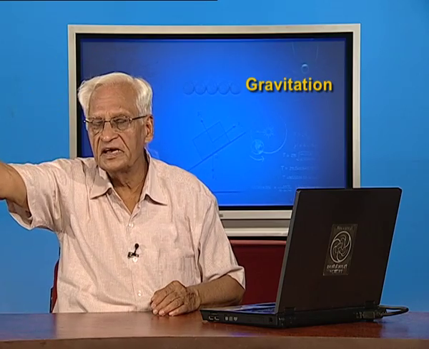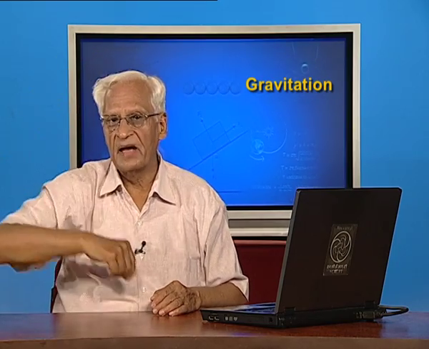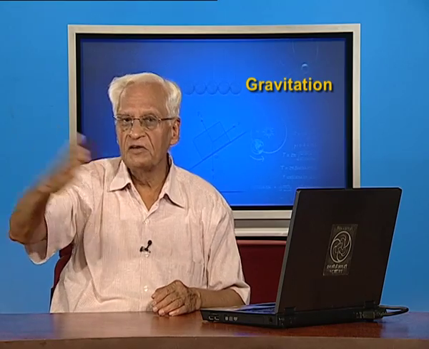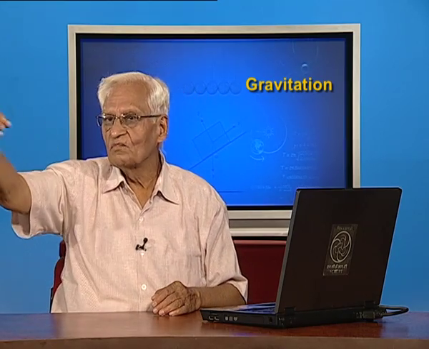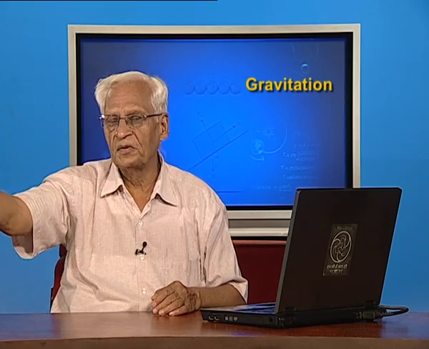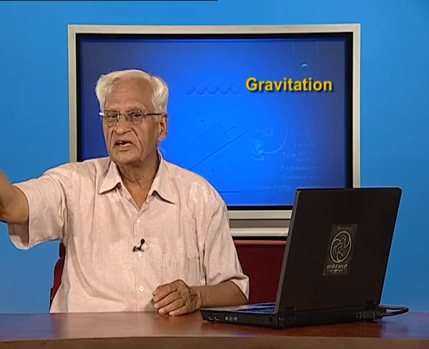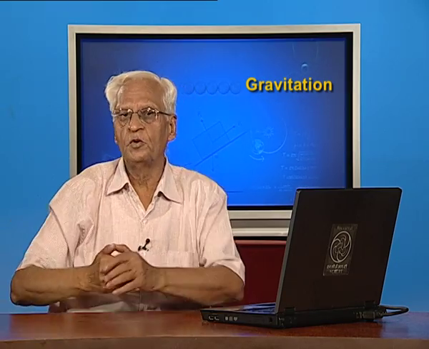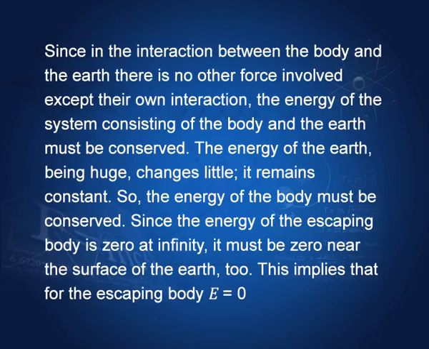If a particle reaches here, it will not be attracted back. If a particle is here, it will be attracted back. So, we are supposing that just at infinity, the velocity of the particle becomes 0, and it is not pulled back by the earth. So, the total energy of the particle is 0 just at infinity.